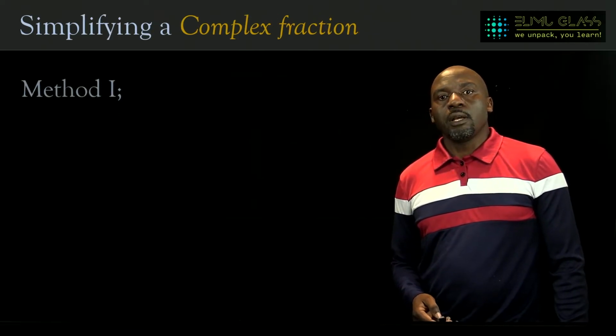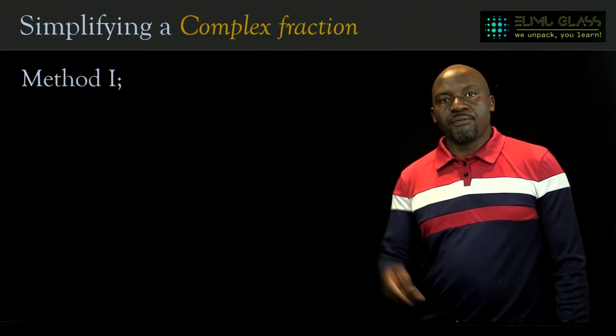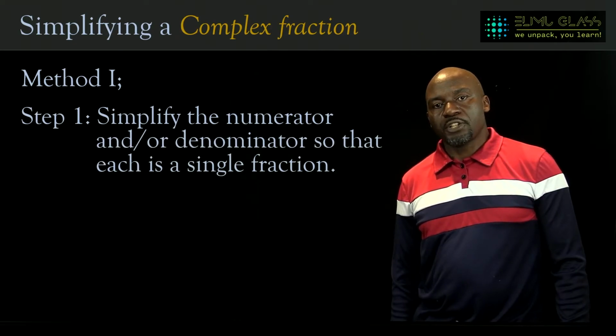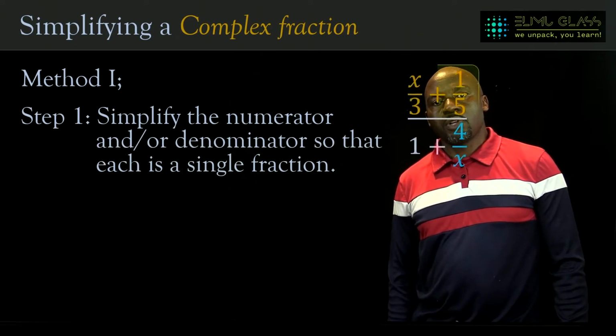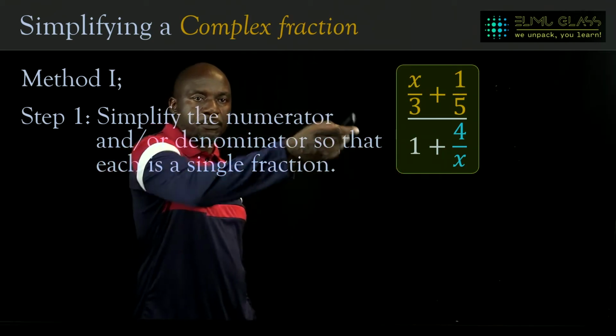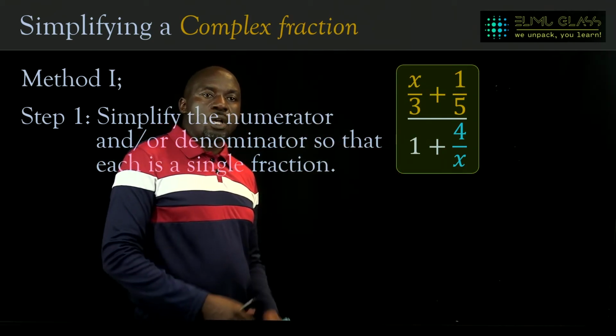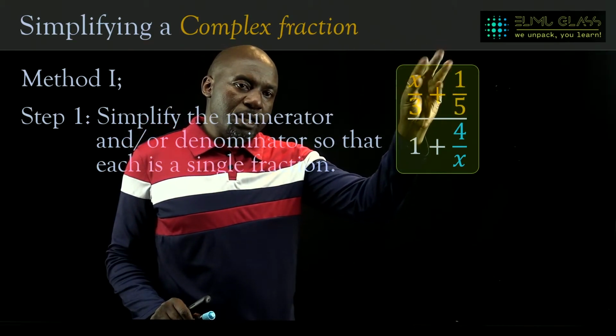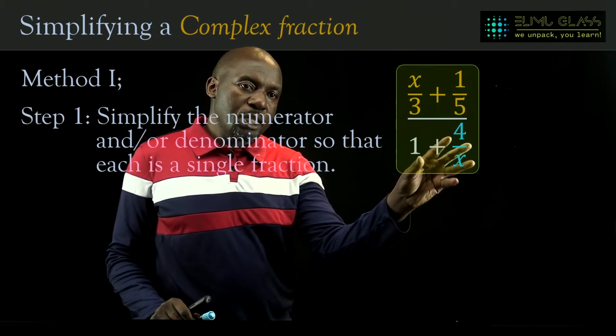So method 1 of simplifying a complex fraction. The first thing is to combine the two terms in the numerator so that it's just one fraction, and we do the same with the denominator.